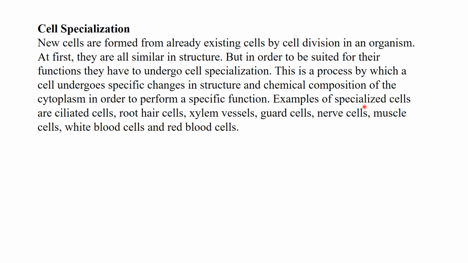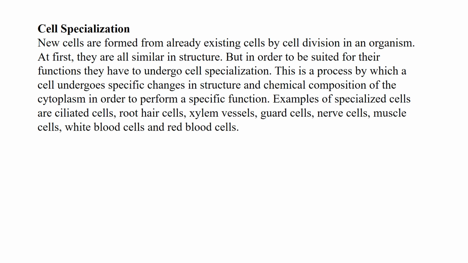So examples of the specialized cells that we have: ciliated cell, root hair cell, the vascular bundles where we have the xylem as well as the phloem vessel, the gut cell, the nerve cells, the muscle cell, the white blood cell, the red blood cells.